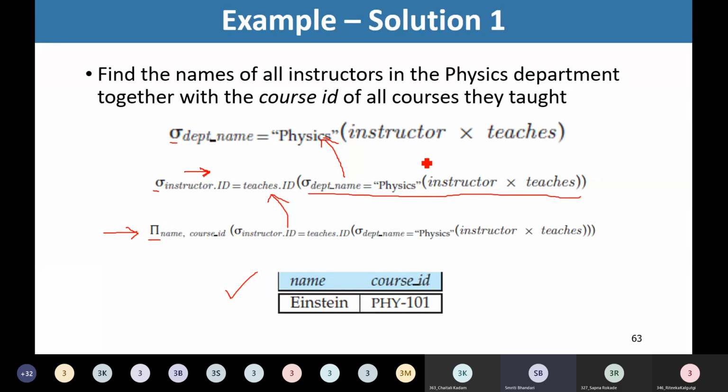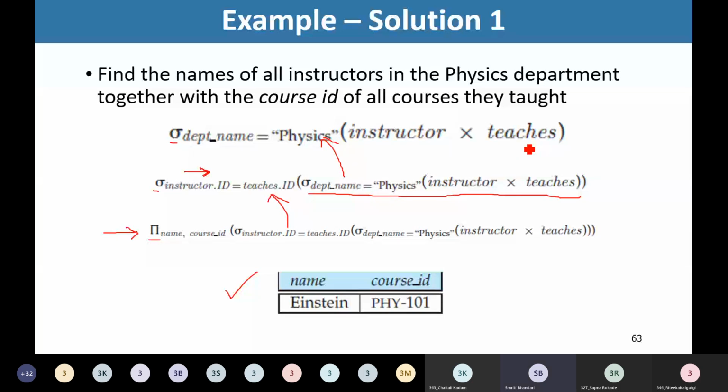Now, in the second solution, here what we did, we computed the cross product of instructor and teachers, and then we imposed the condition department name equal to physics.